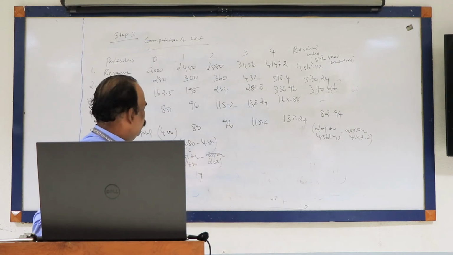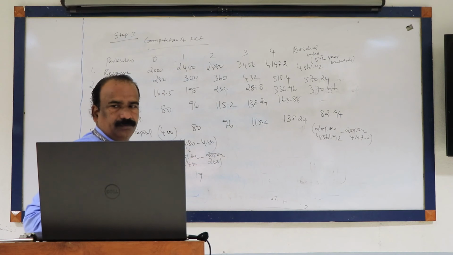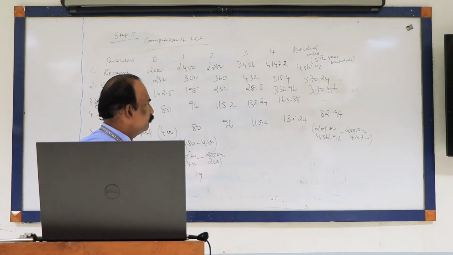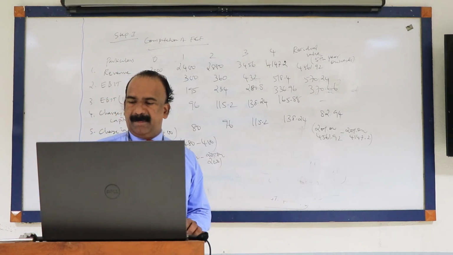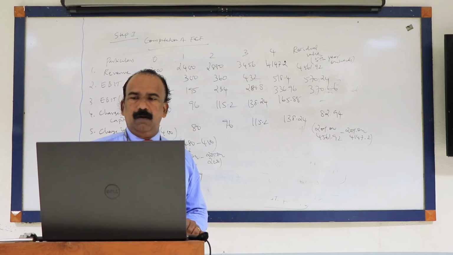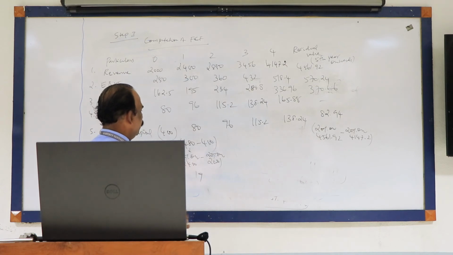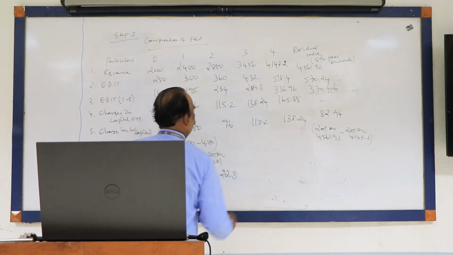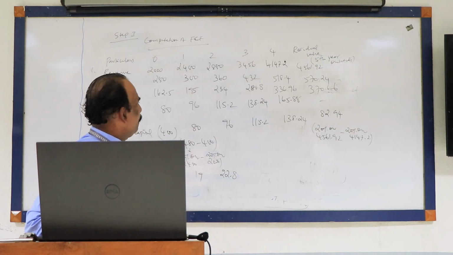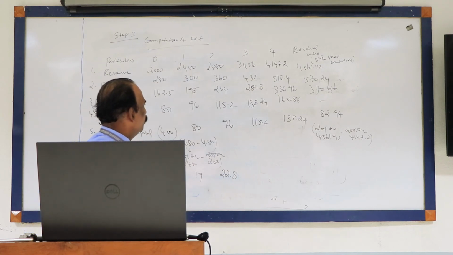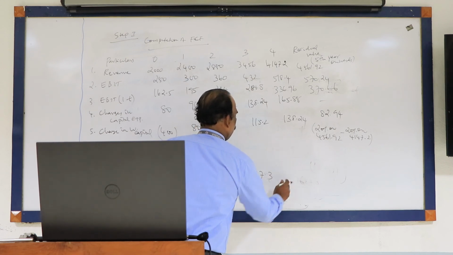Second year, you can add 20% to that and you will get the answer. Second year, how much comes? 22.8. Next one, 27.36.